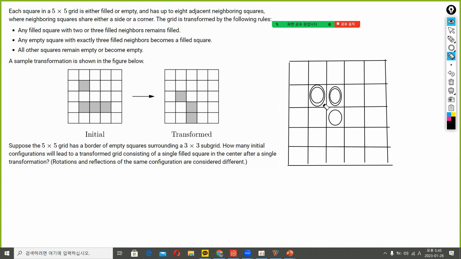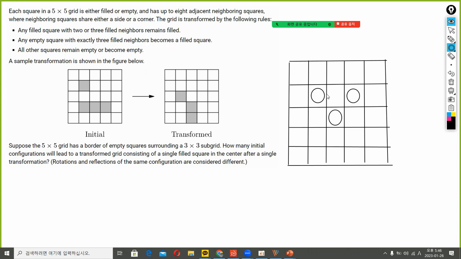That means if this is filled, this adjacent edge cannot be filled. Or if these two adjacent corners are filled, because of the second condition, empty square with three filled neighbors becomes filled.